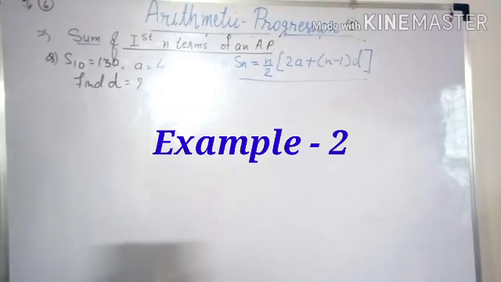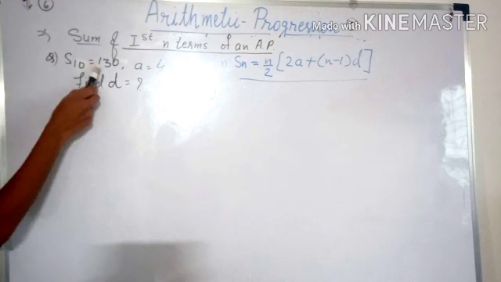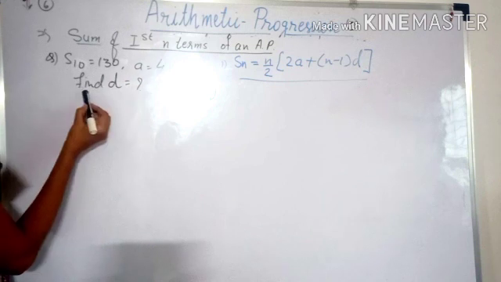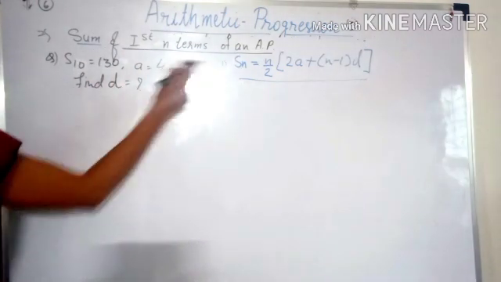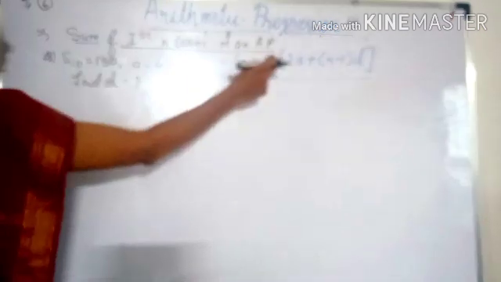Now suppose S10 is equal to 130. First term a is equal to 4. Then find out the value of the common difference. How will we solve this? Here first we'll write the formula, this one, and in this formula we know Sn, that is 130.